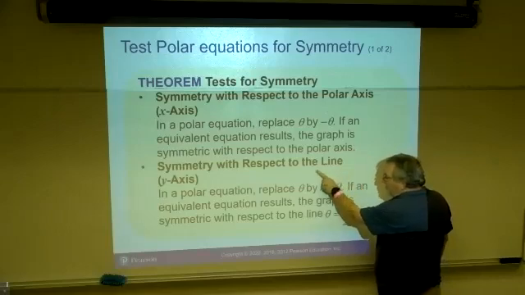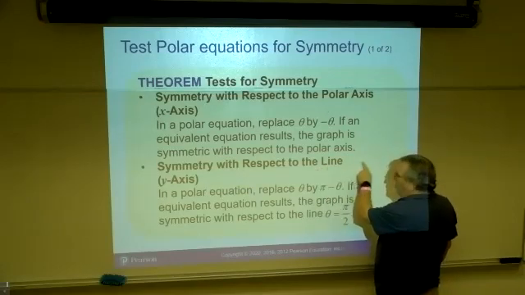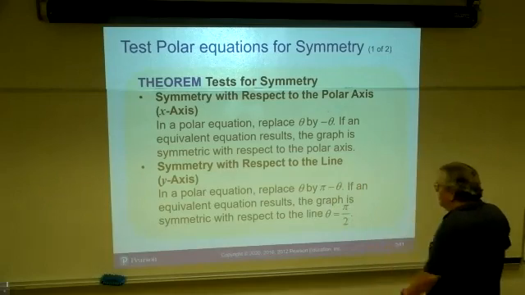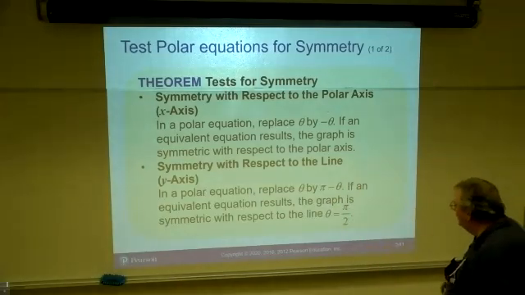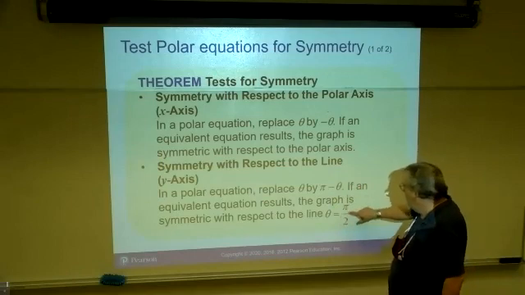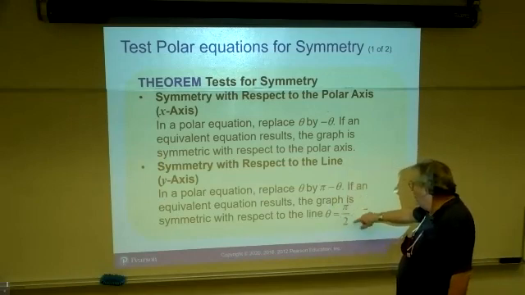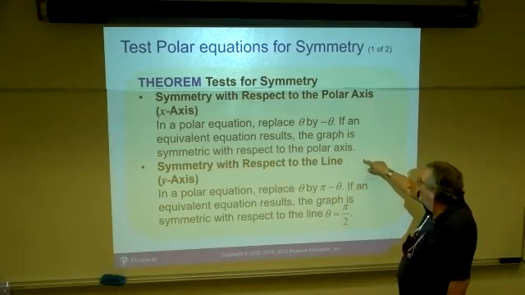To have symmetry with respect to the line, oh, they don't have it here. What happened to it? Well, it's this line, theta equals pi over 2, which is the y-axis.